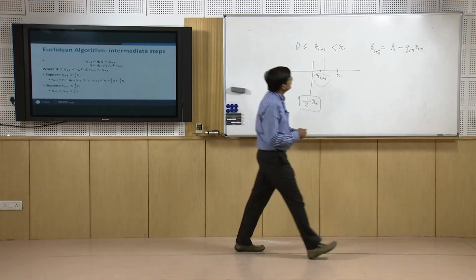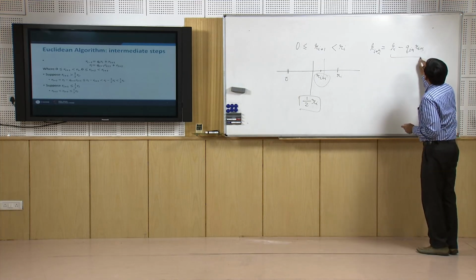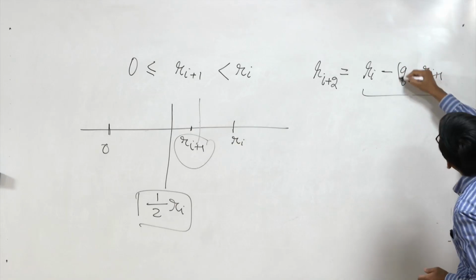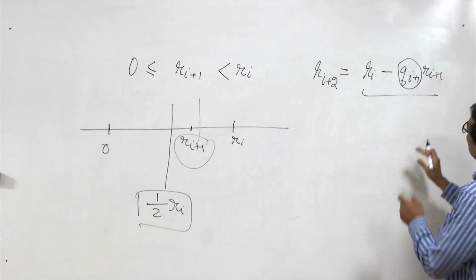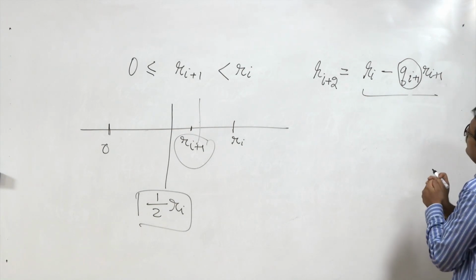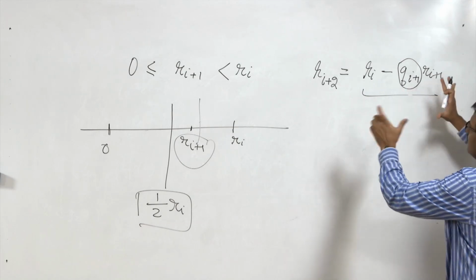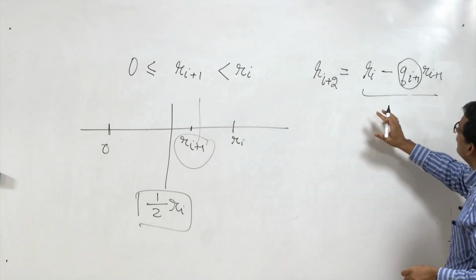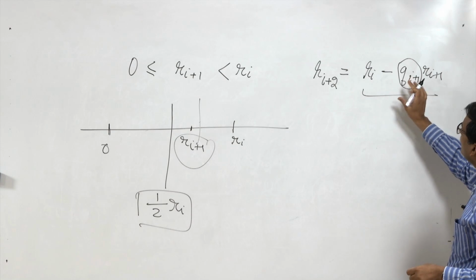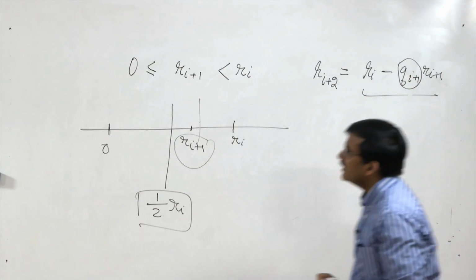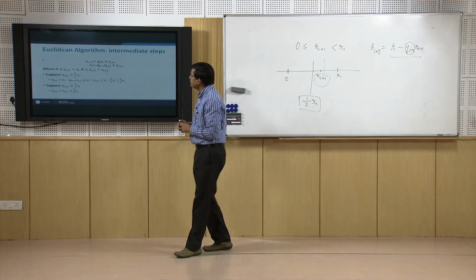Now, I have got a difference here. I know that Q is greater than or equal to 1. If I put the smallest possible value of Q, then I will get something greater than or equal to Ri plus 2, and that is what we have got over here.